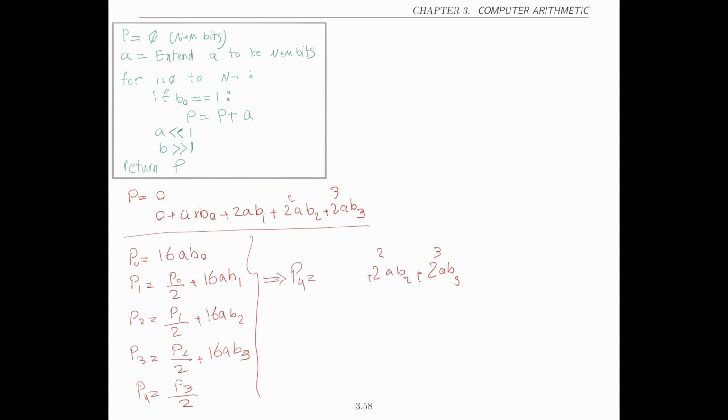Similarly, for AB1, it's going to be 2AB1. And for AB0, it's just going to be AB0. You have 16 times AB0. It gets divided by 2 four times. You just get AB0 at the end. So this calculation also gives me the correct value. You can check that these two values are exactly the same.